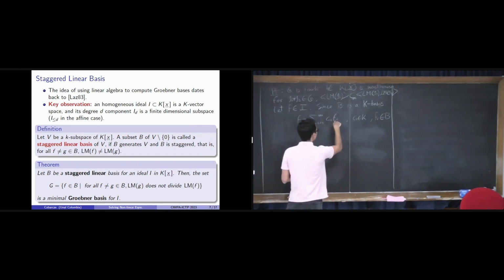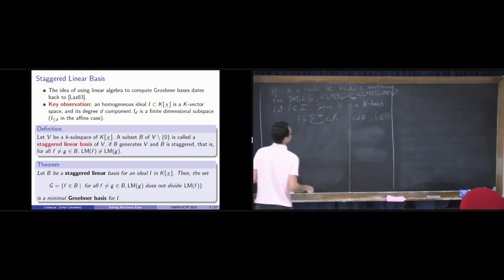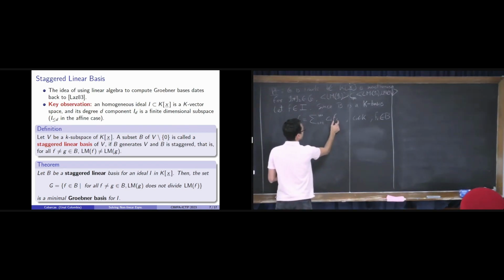And now, if we look at the leading monomial of F, that leading monomial has to be happening in some f sub i. Because all of the leading monomials are different, it must be happening in one of those. Well, actually, it's not necessary.